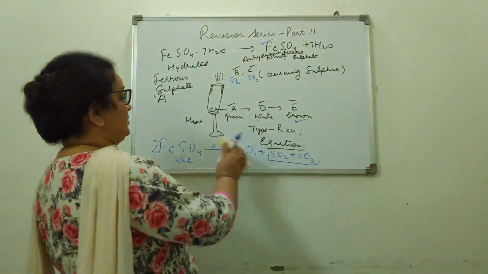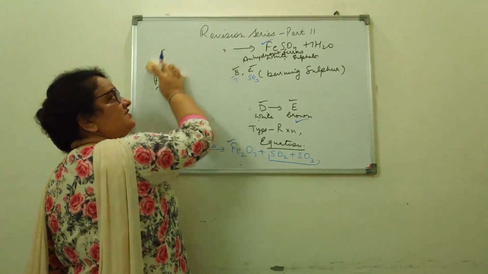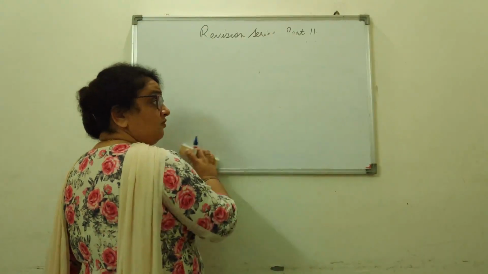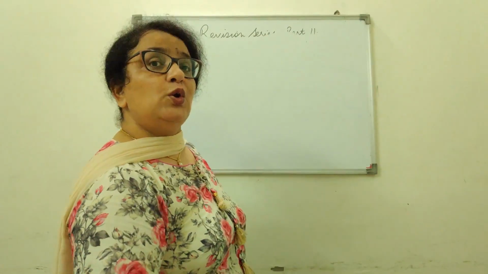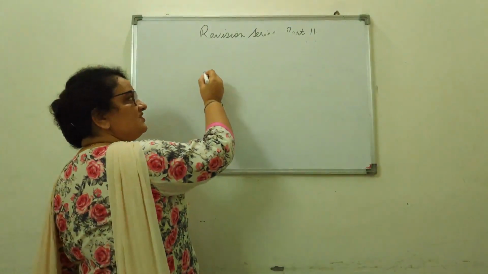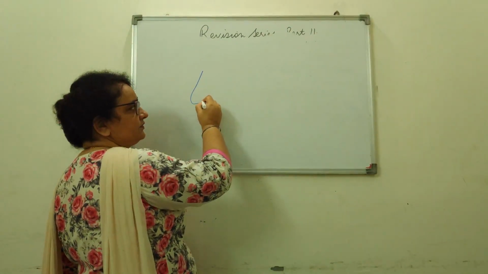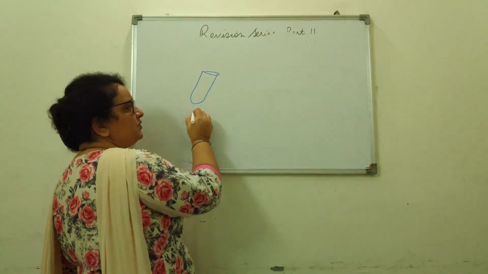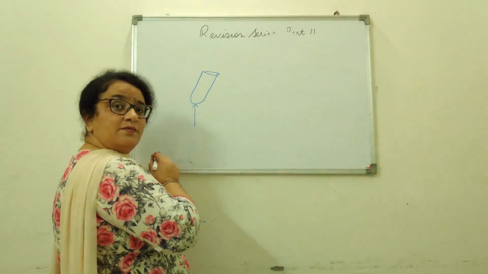And the next question we are going to discuss is another salt. Now what you have to see are the clues which are given in the question. Again a test tube. I'll just draw the representation. This is a test tube. This arrowhead indicates the burning sulfur.